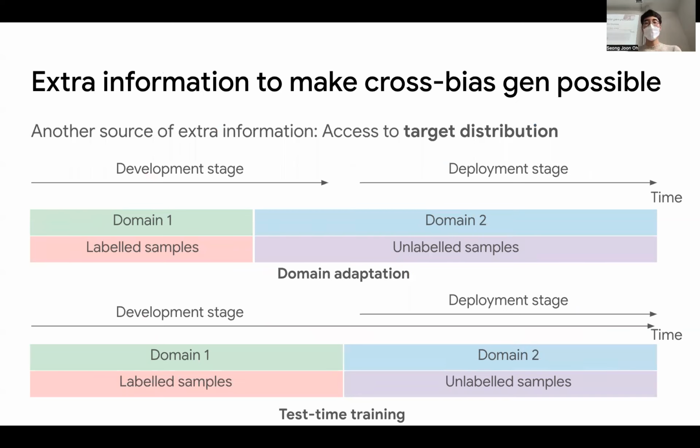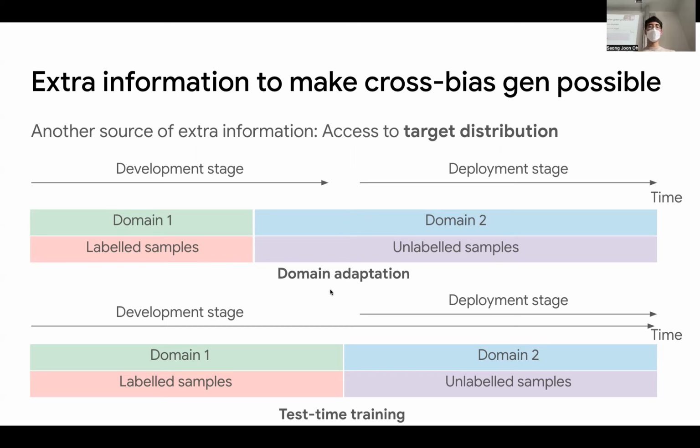So this is a reminder slide saying we need some extra information to make cross-bias generalization possible. So yeah, I am repeating this a lot of times, but in this case, you're kind of having access to a target distribution now, right? So there are different instances where you get access to target distribution.